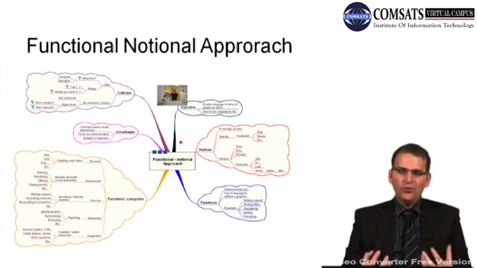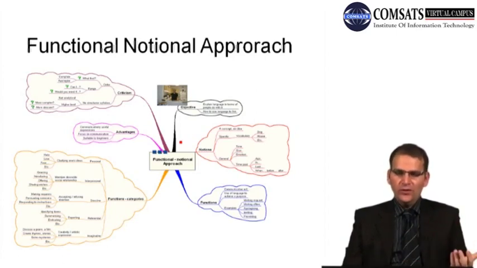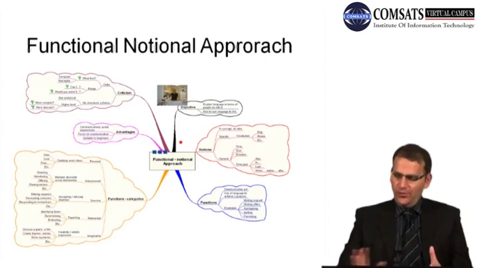Function, and then you have notions, and then you have objectives. On the other side, you see the other points: criticism, advantages, function categories. Is that clear? So what do we call it? Functional notional approach. That is the base of the communicative approach.